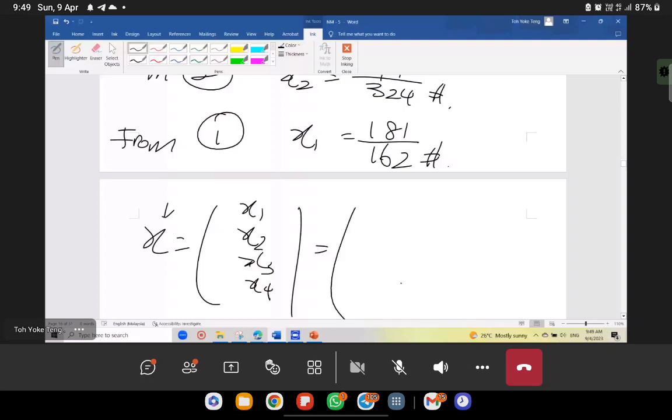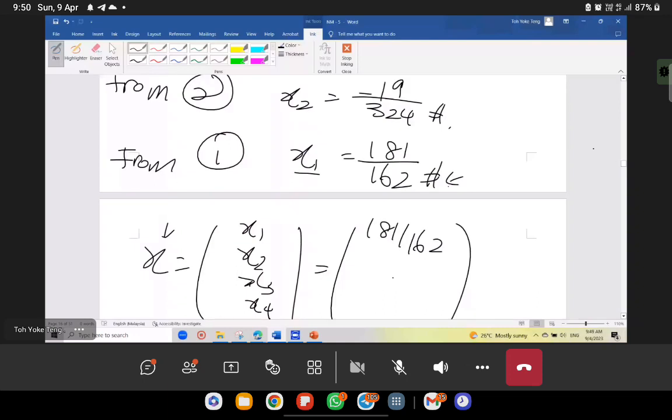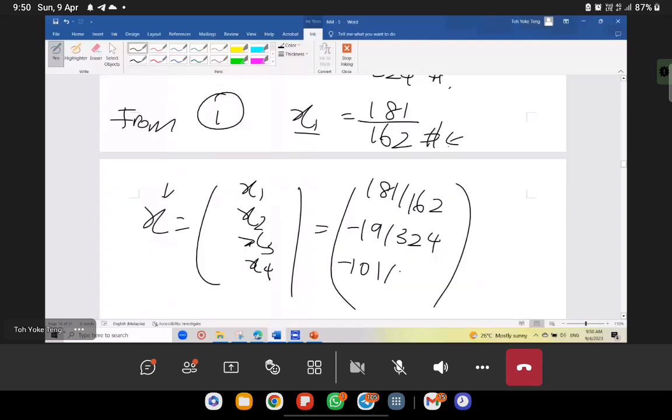Remember that the previous one is the backward substitution, so just write down the values based on the sequence. So x1 refers to this value, and the next refers to the previous one, negative 19 over 324. If possible, please write in columns. It's easier for me to mark your paper.